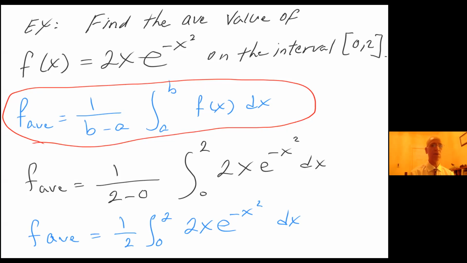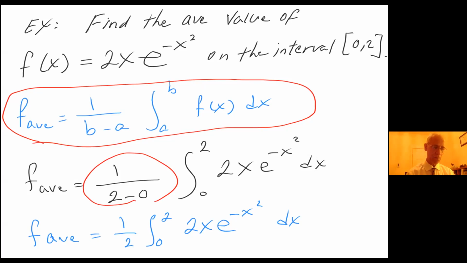So f average equals 1 over 2 minus 0, integral from 0 to 2 of 2x e to the minus x squared dx. And of course, here I can simplify that to 1/2. So f average now equals 1/2 integral from 0 to 2 of 2x e to the minus x squared dx.